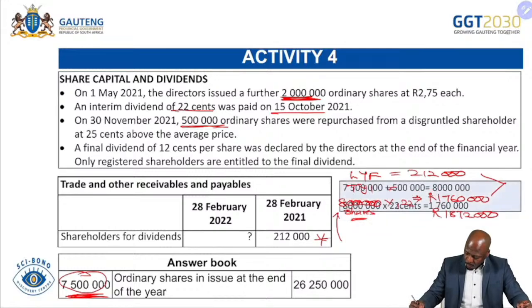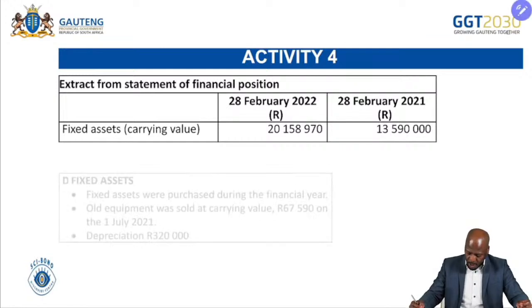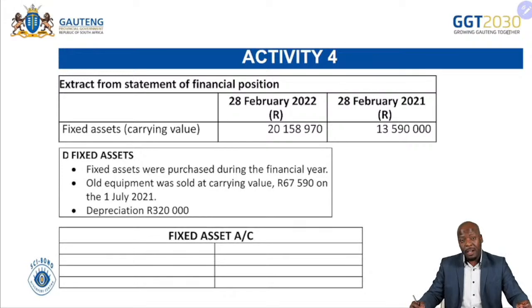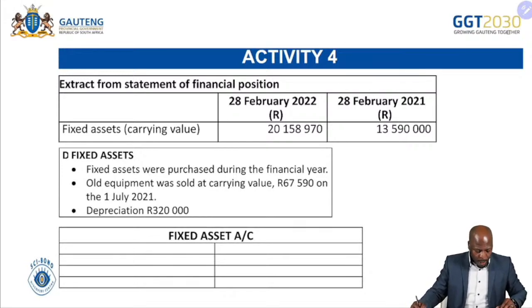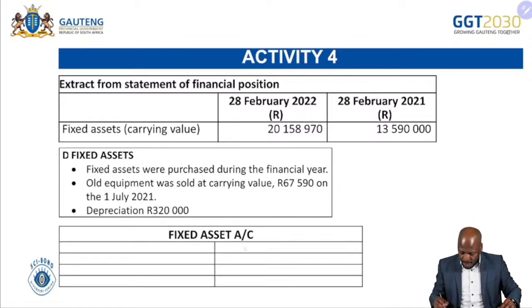Okay, I'm going to quickly go on to the next aspect, which is my fixed assets. In my fixed assets, I'm going to open a fixed asset account, because here we want to know the fixed assets purchased. So this is the fixed asset account at carrying value. The opening balance is this one.